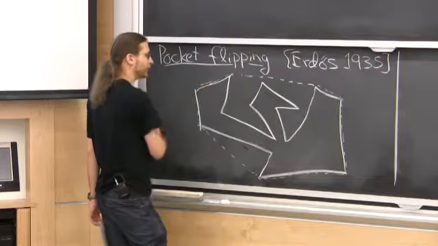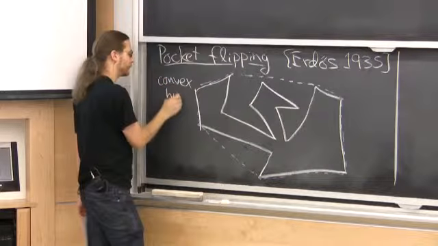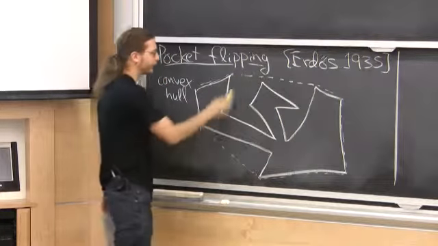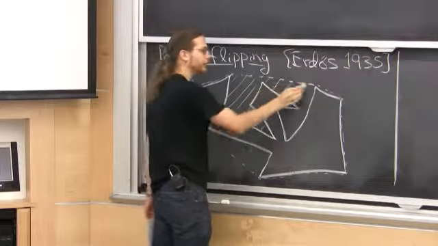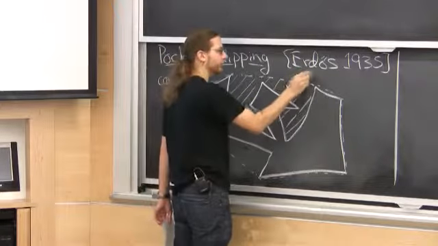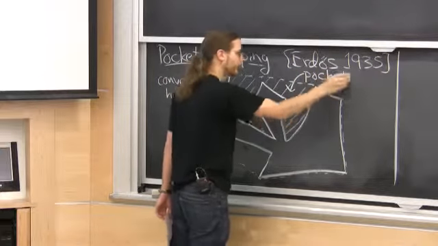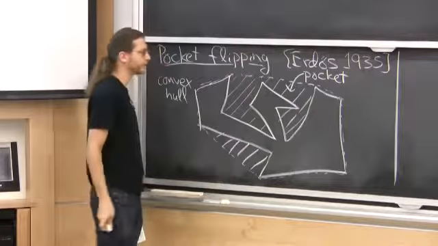So that's the convex hull. And then what I'm interested in are these regions in between that are outside the polygon but inside the convex hull. These are called pockets. So here I have just 2 pockets.